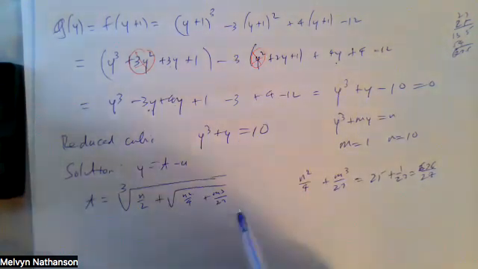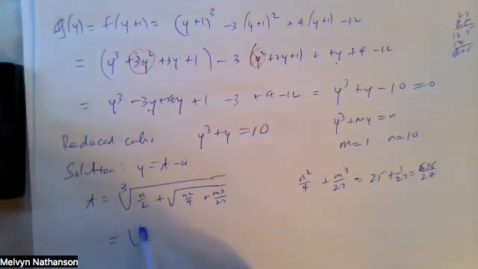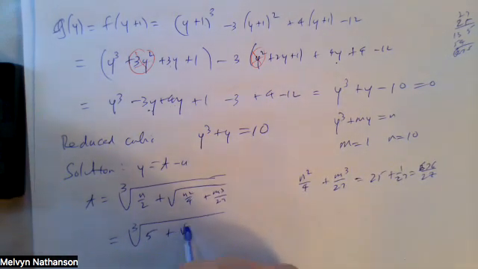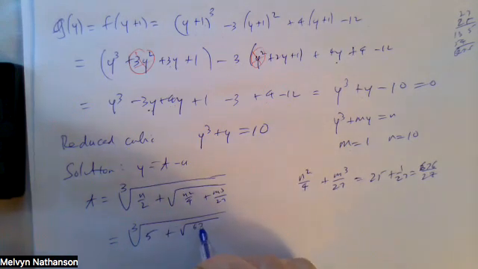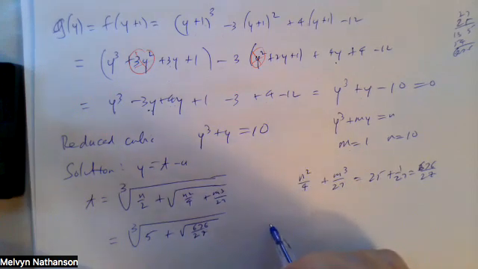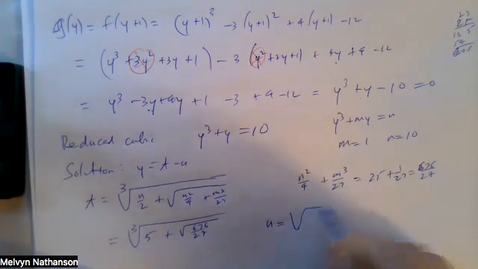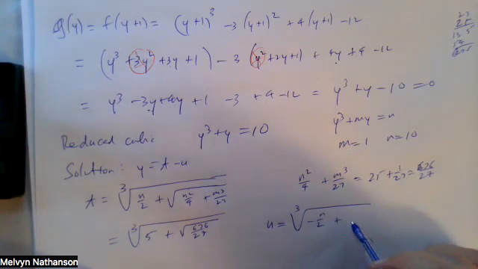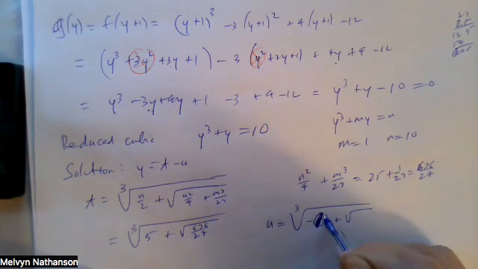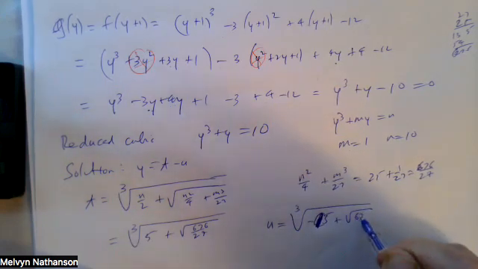Okay, so t is equal to the cube root of n over 2, that's 5, plus the square root of 676 over 27. And u is the cube root of minus n over 2, plus that same square root. Minus n over 2 is minus 5, plus the square root of 676 over 27.